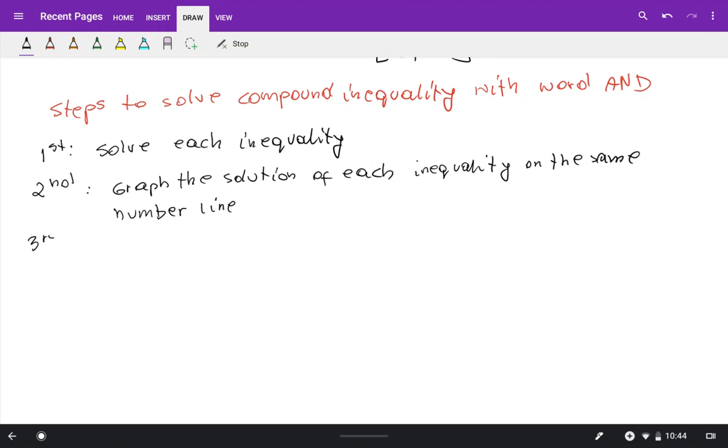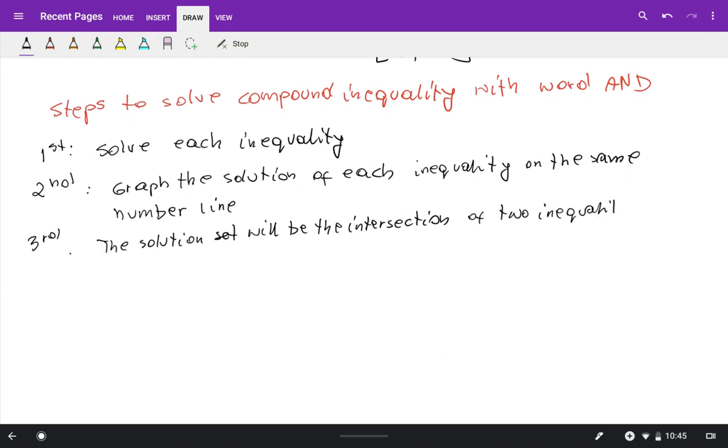And the third step will be the solution set will be the intersection of two inequalities. Okay, intersection means, again, overlap part.